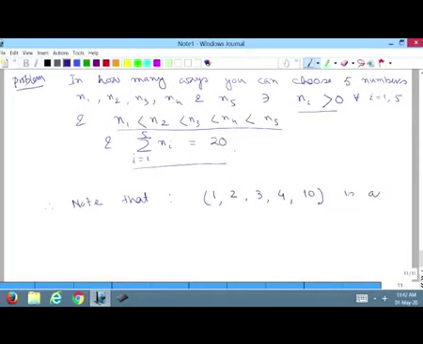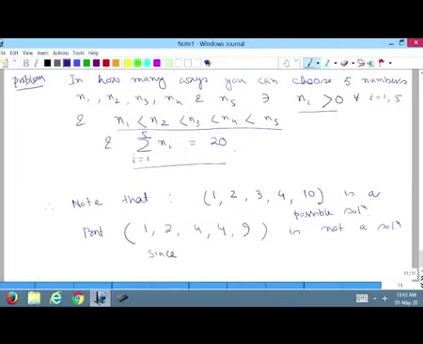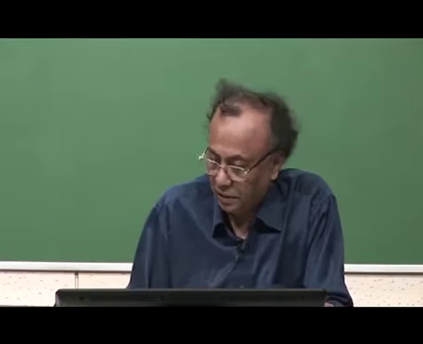This is a possible solution because all 5 are distinct, but 1, 2, 4, 4, 9 is not a solution, since 4 is repeated. So, I hope the problem is clear to you. So, let us go for solving it.